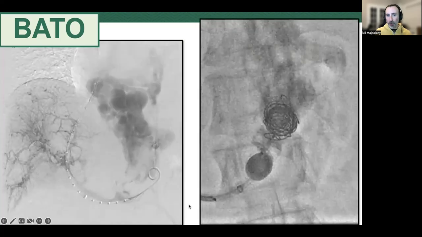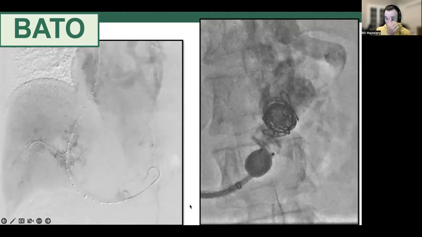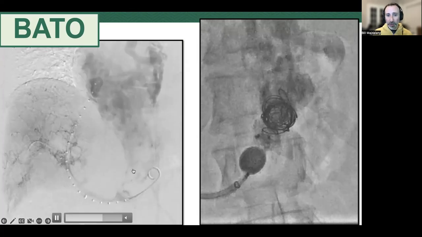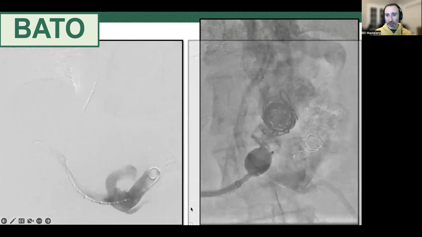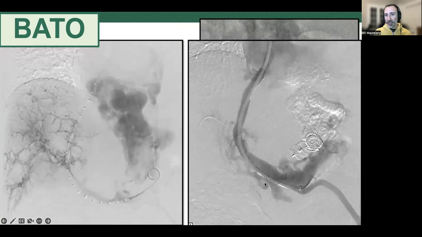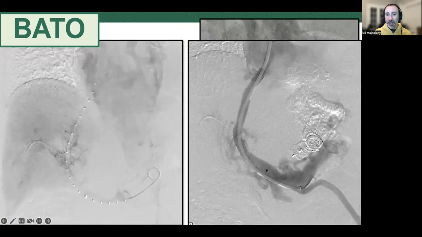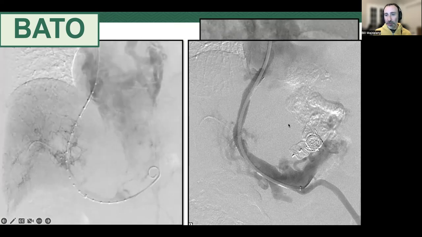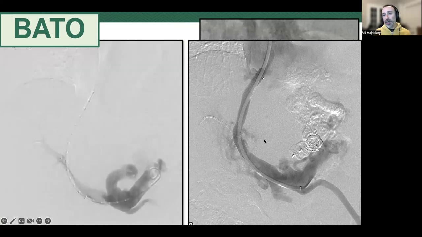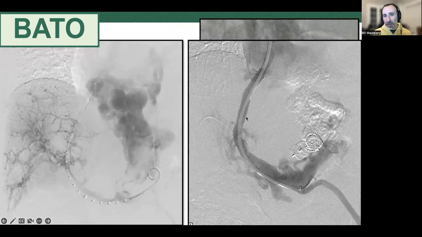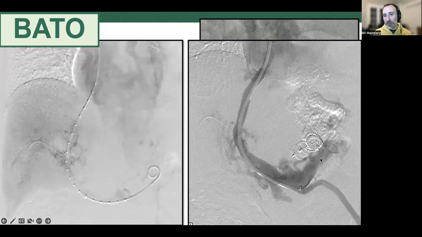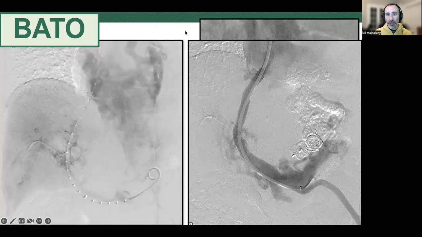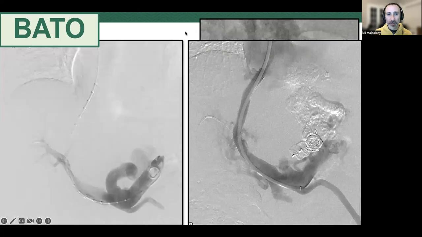We then start putting coils as well as plugs to further embolize this inflow. And when we're done, we deflate the balloon. And this is our completion splenoportogram here showing eradication of the dramatically enlarged variceal network. And we've also performed the TIPS in this case to control the outflow of the portal system.